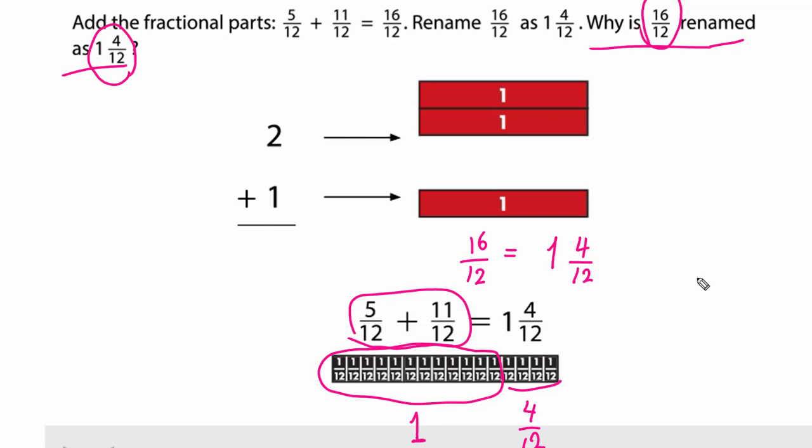Okay, we need to write it like this, so we can use the whole one to add it to the whole number that we have in the question. Okay, my heroes, please focus because we will do the same now.